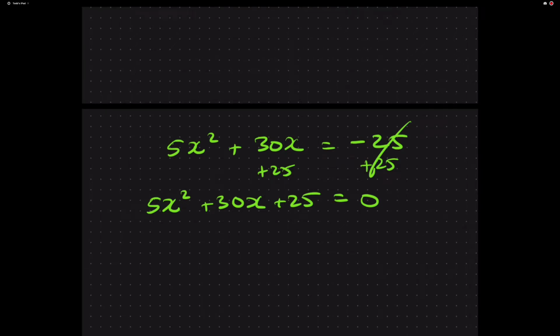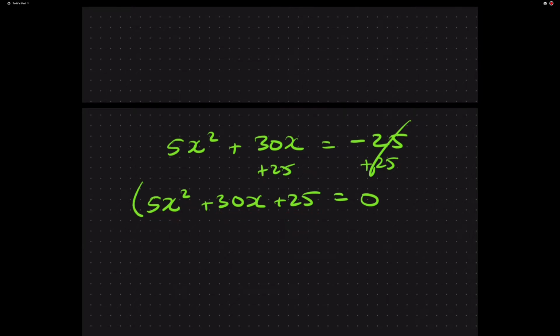Okay, at this point we can see that the coefficient in front of the x squared, so our leading coefficient, is not 1, it's 5. So the first thing I want to see is, can I divide this, this, and this by a common factor? The answer is yes, I can divide it by 5.